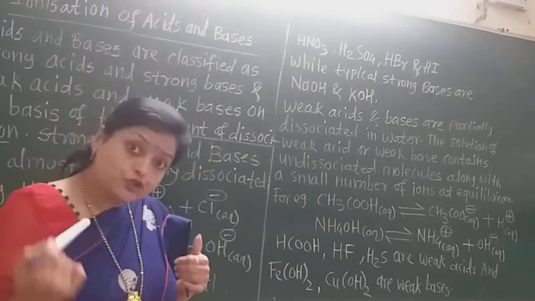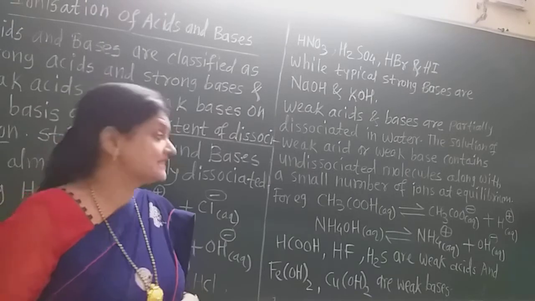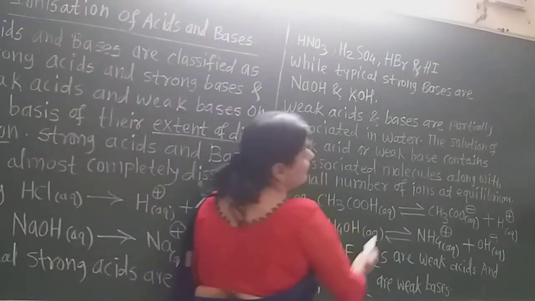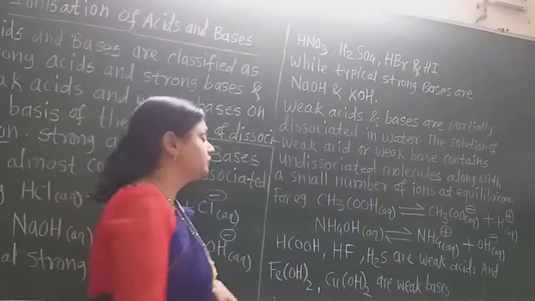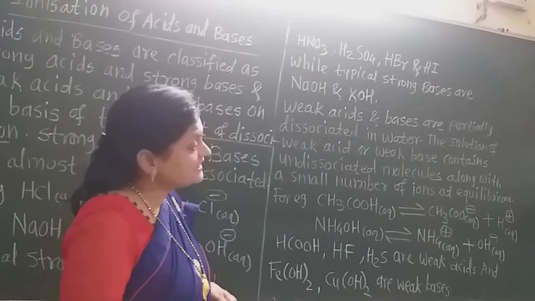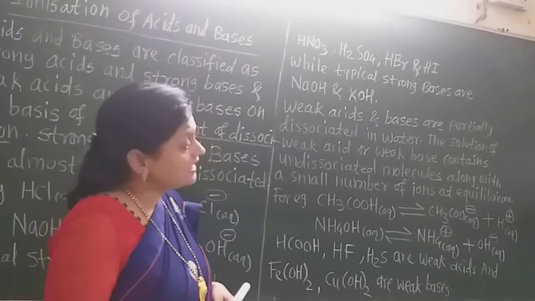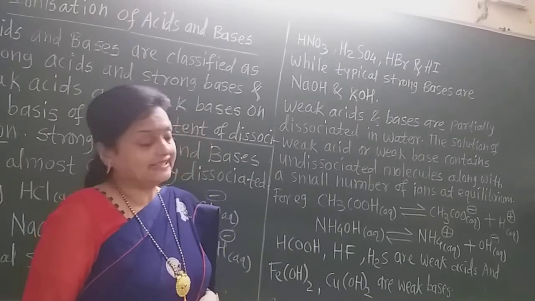So we show the dissociation reactions of weak acids and weak bases by showing a double-headed arrow between the reactants and products. So acetic acid ionizes in the aqueous solution as CH3COO- plus H+. But it is a weak acid, that is the organic acid, acetic acid.